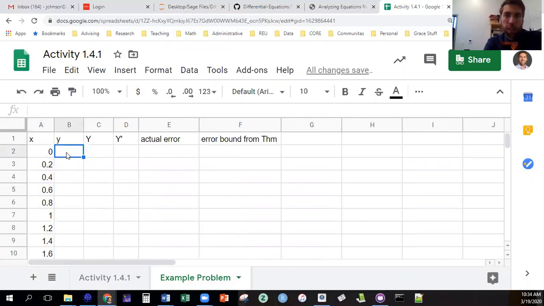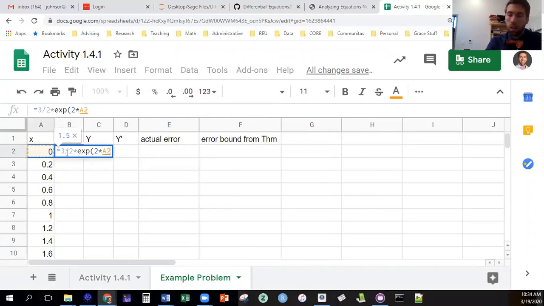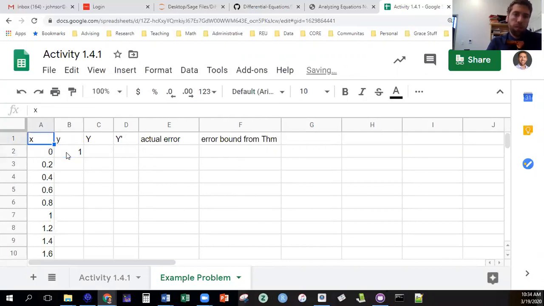We're given a problem that we can solve, and my solution was 3/2 times exponential 2 times t, minus 1/2. Also, this is t, not x. All right, and then the Euler approximation starts off at 1.